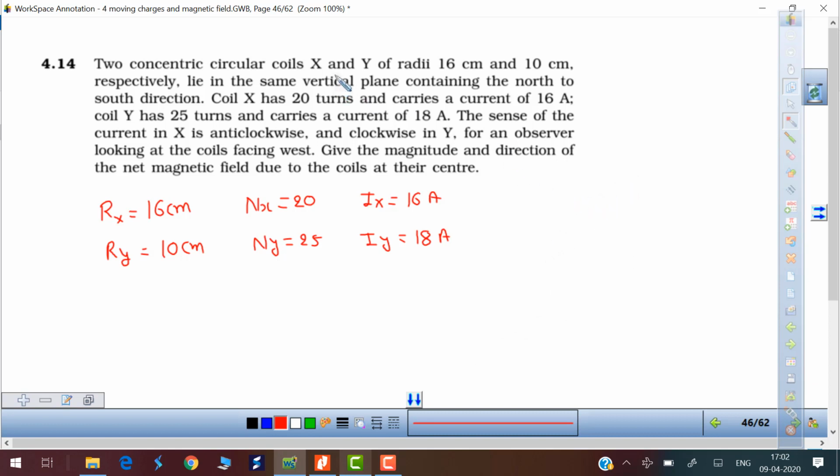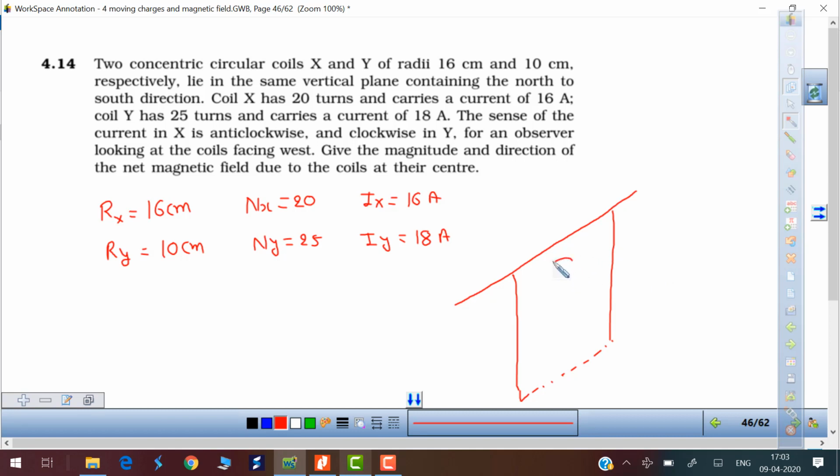First thing, both the coils are in the same vertical plane. So suppose this is the vertical plane. The radii are different.